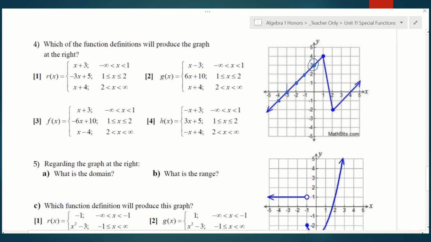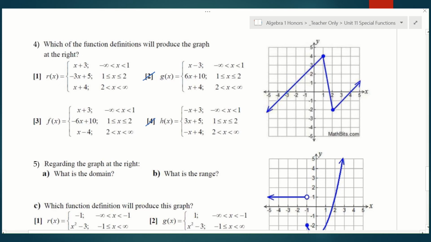And the other thing I can see is that the slope is 1. So I know the equation of that line must be y equals x plus 3. The reason that's so helpful is because I can automatically eliminate choice 2 and choice 4. Because in choice 2, the y-intercept is -3, and in choice 4, the slope is -1. So that was really helpful to be able to eliminate those two choices.